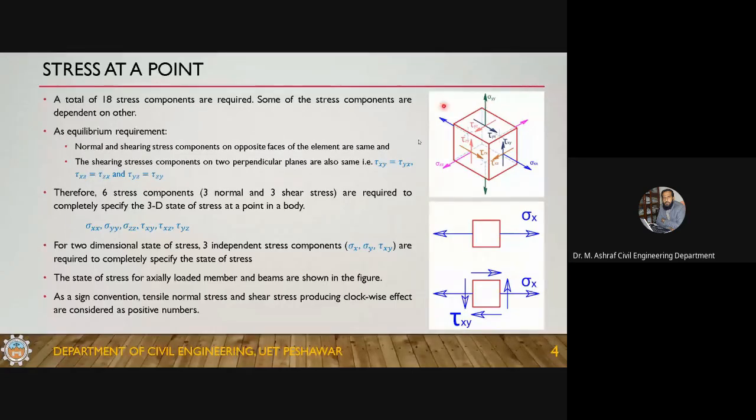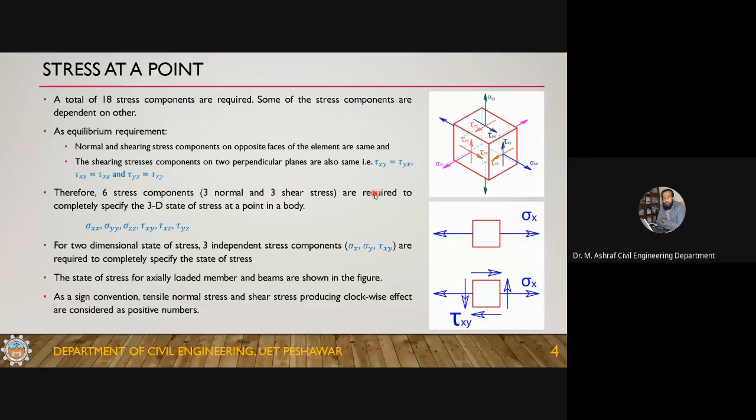Of the 6 normal components, the first equilibrium condition requires that 3 normal are the same as the other 3, so the normal are reduced to 3. The shear are dependent, 12 reduced to 6, and the 6 are further reduced to 3 components, because 3 are dependent on the other 3.